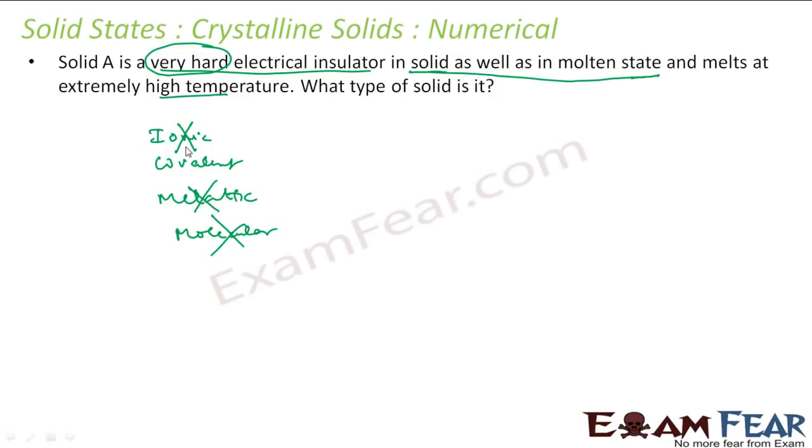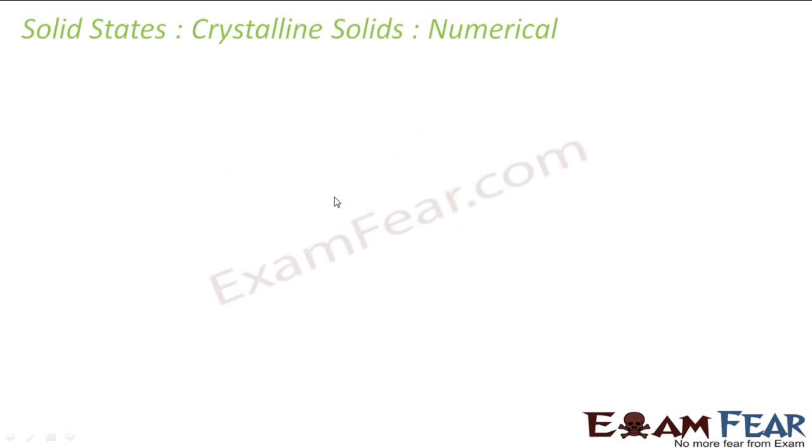So it has to be covalent. Also, it melts at a very high temperature, which proves that it has to be a covalent solid. Examples of covalent solids can be diamond, graphite, silicon carbide, things like that.